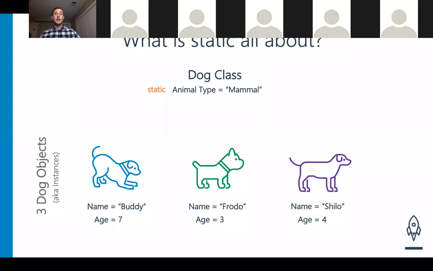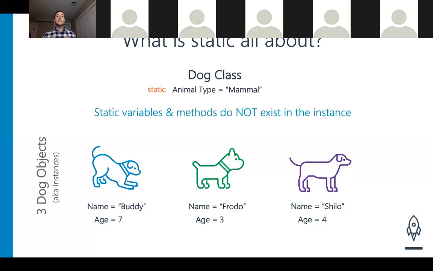Instead, we can access this animal type directly through our dog class, not through the instances. Remember, instances are one thing and classes are another. We create instances or objects from classes. The animal type is in a class, while name and age are in our instance. So static variables and methods do not exist in the instance. We can directly access them through the class.